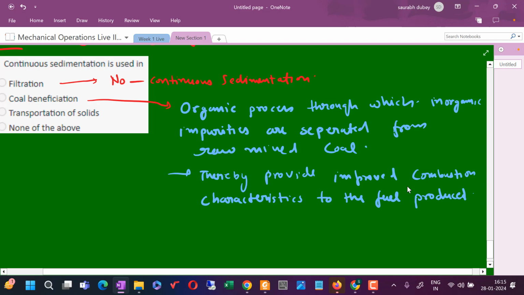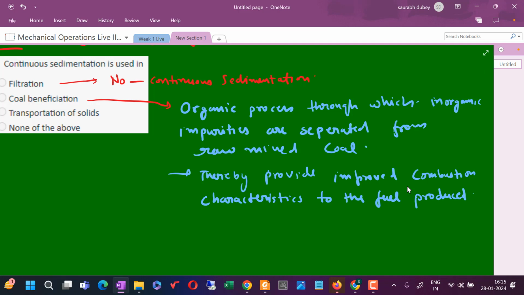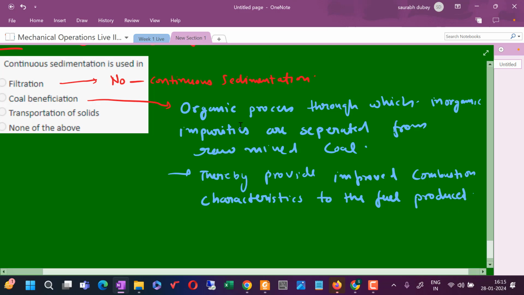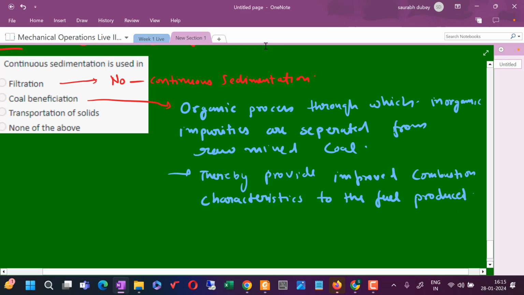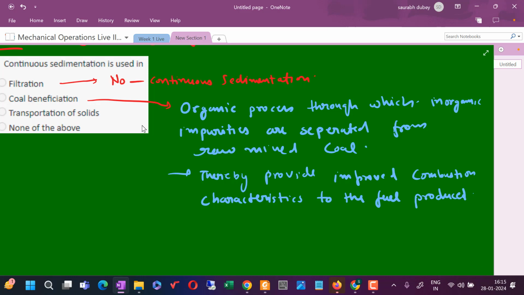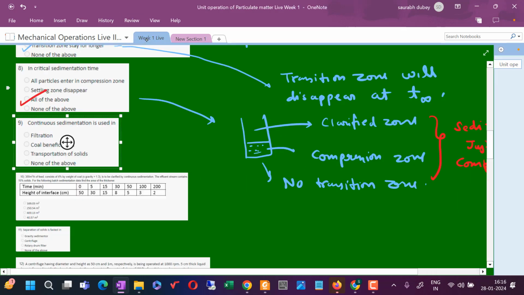Okay, so this fuel is there, and thereby providing this. So option B will be the correct answer for this given question. So option B is the correct answer.